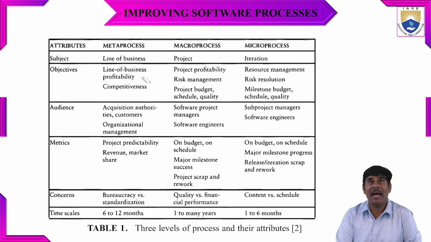There, how many iterations will be performed, and they verify the resource management: what different types of resources they are going to allocate for the team members, and risk resolutions. Whenever they are doing the project, what risks are going to happen for the team members, and how they are going to overcome these risks, and milestone budget, schedule, and quality of the project.